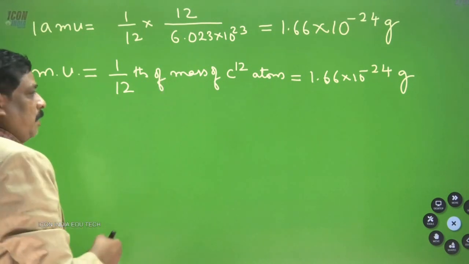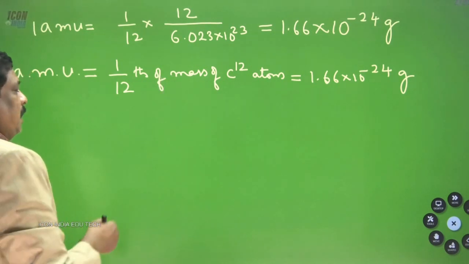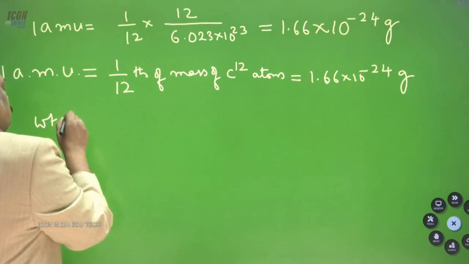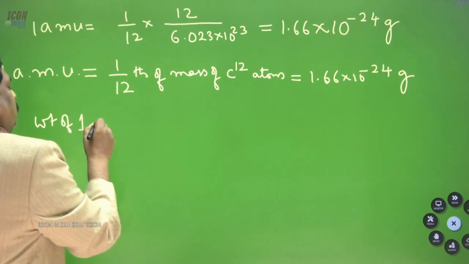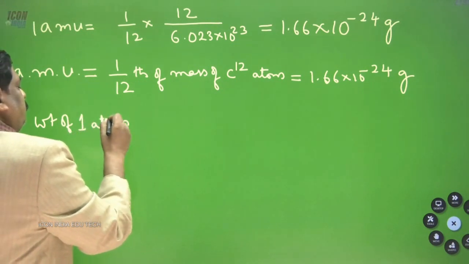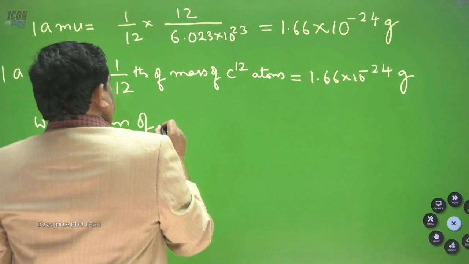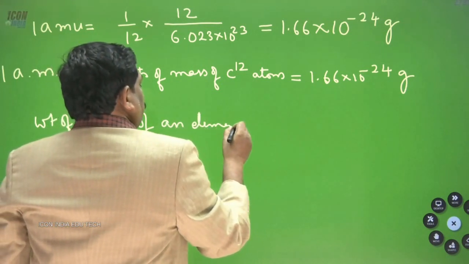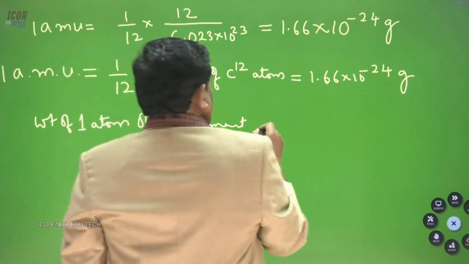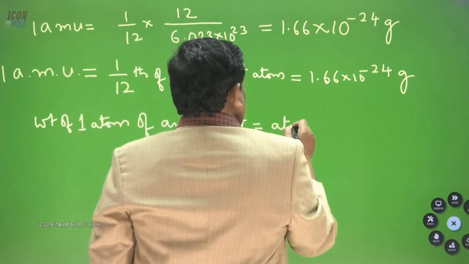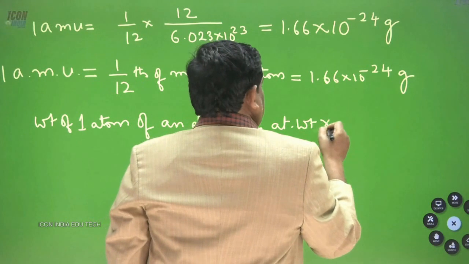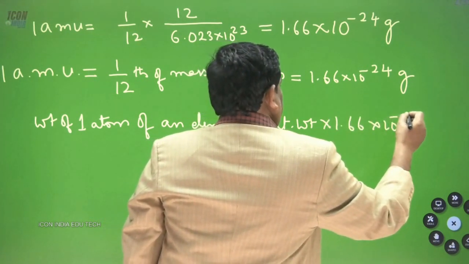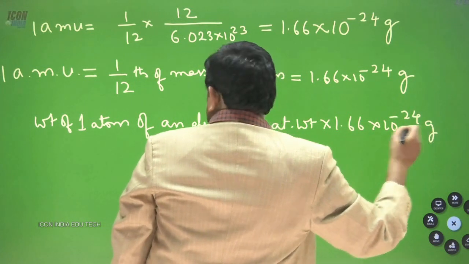The weight of one atom of an element is equal to atomic weight into 1.66 into 10 to the power of minus 24 gram.